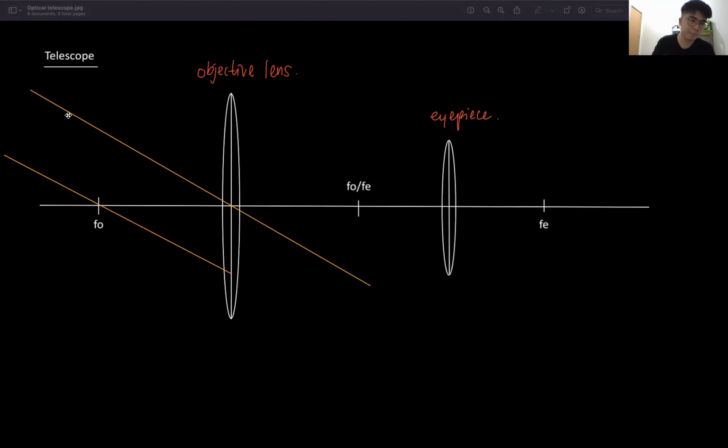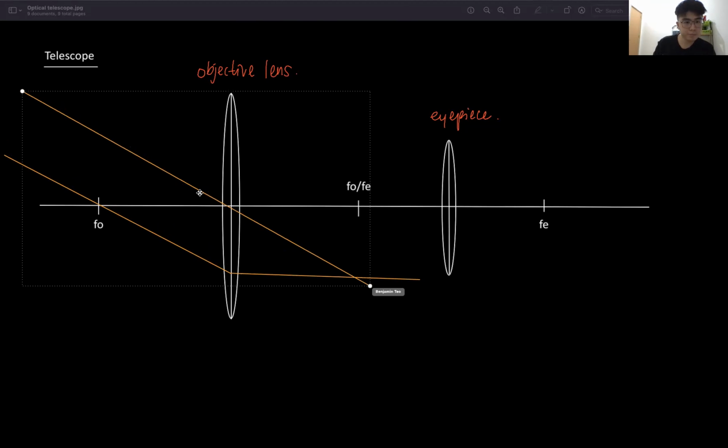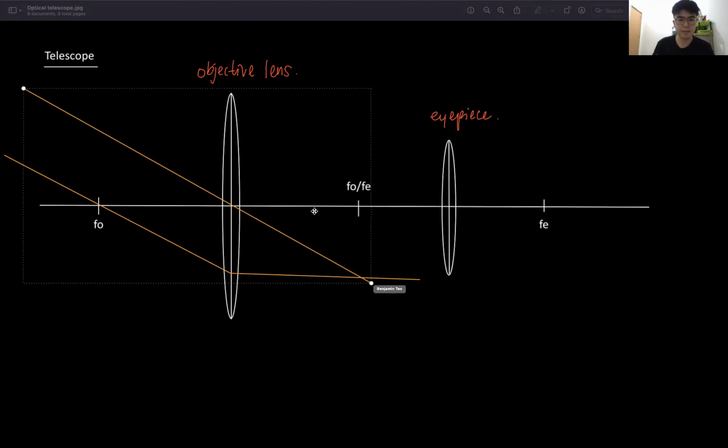Let me adjust a bit. Okay, like this. Center and then focus, parallel. So they meet at this point here. The angle that it is making with the principal axis over here is theta.